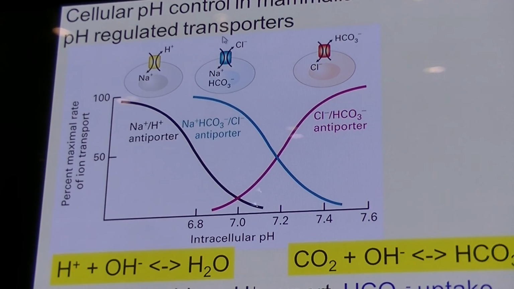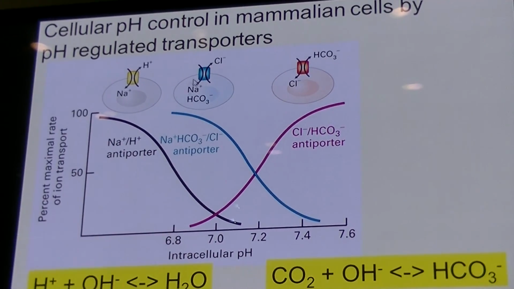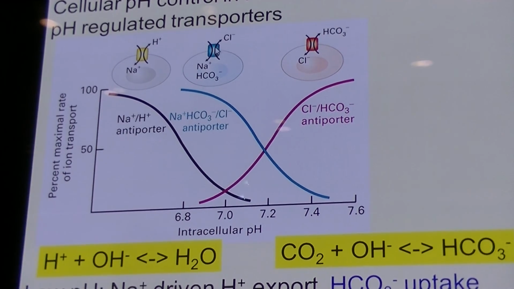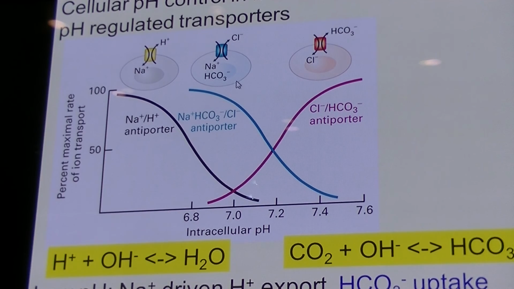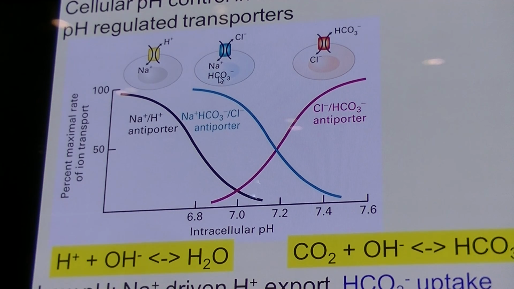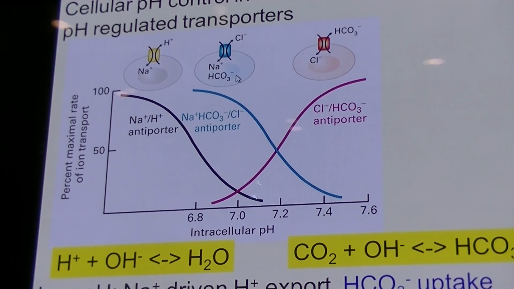Similarly, we have a second transporter that uses the energy stored in the sodium gradient to move chlorine out. And that's not the most important part, but it brings bicarbonate in. And it just exchanges a charge for a charge when we think about the chlorine and the bicarbonate. So this transporter functions in the following way.